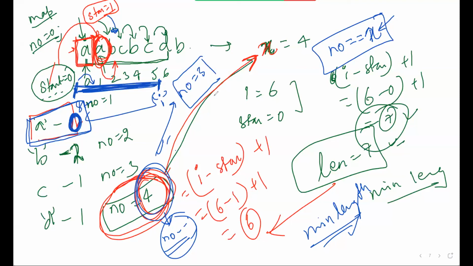So if I move my start point, can I get a smaller length string? That is the whole motive. In this way, I'll keep on doing this, and at the end, I will have a string with all the distinct characters, and the length is going to be minimized.